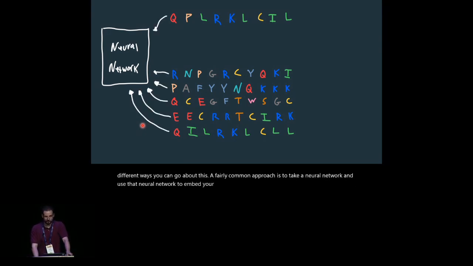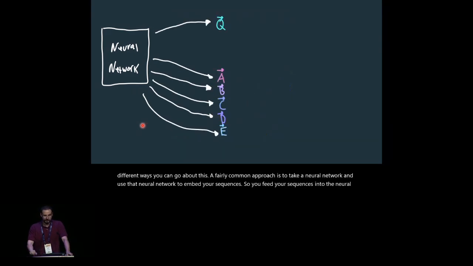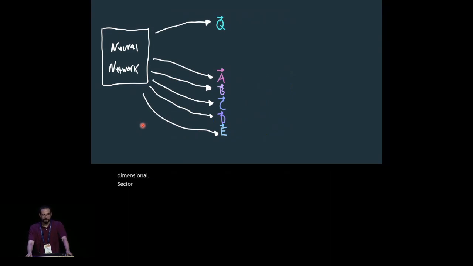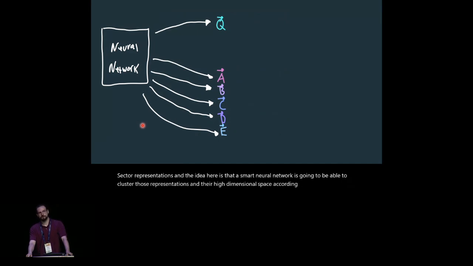You feed your sequences into the neural network independently, and it transforms those sequences into high-dimensional vector representations. The idea is that a smart neural network is going to be able to cluster those representations in their high-dimensional space according to some latent metric of similarity.